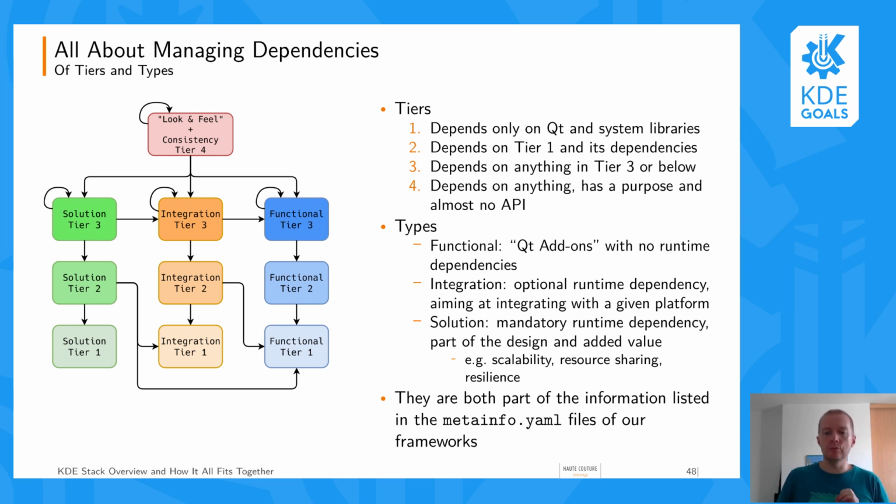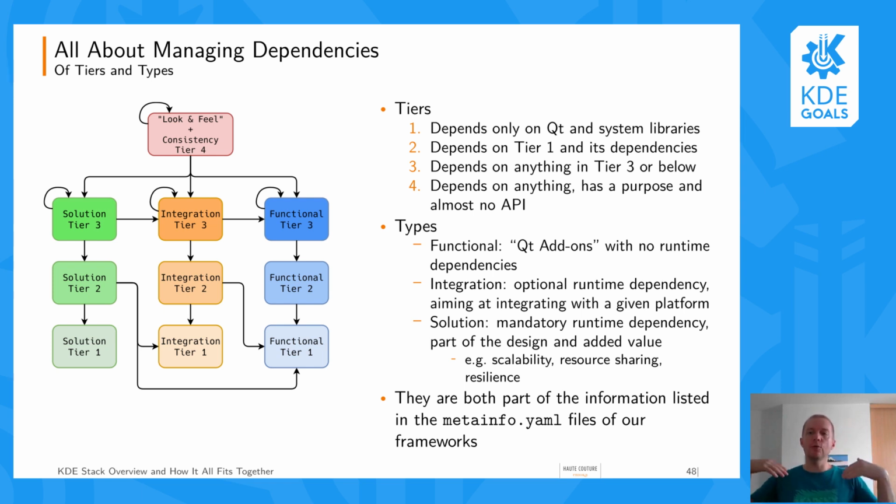Now if that's tier 2, we're saying it can depend only on tier 1, Qt and system libraries. If it's on tier 3, then we're basically saying, well, at that point, we give up, that's free for all, okay? It can depend on tier 2, it can depend on tier 1, Qt, system libraries, or other tier 3, okay?